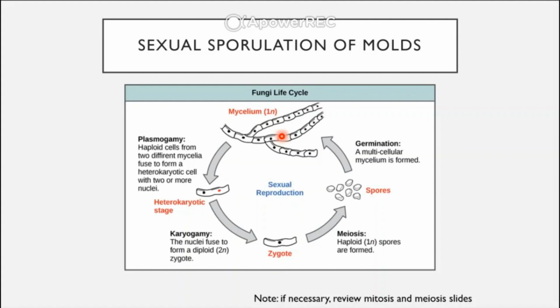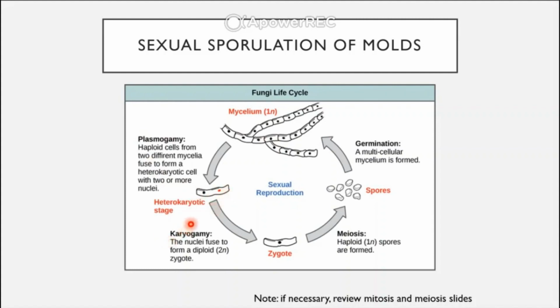And this cell becomes heterokaryotic, which means that it has two or more nuclei. Remember that eukaryotic means true nucleus, pro means pre-nucleus, and hetero means like different. So in this image right here, we have two different nuclei. Both of them are haploid.